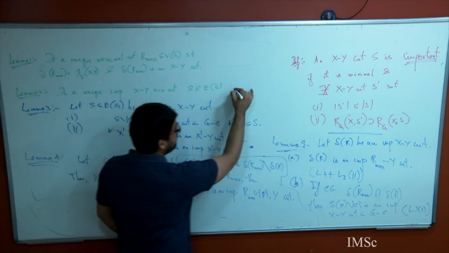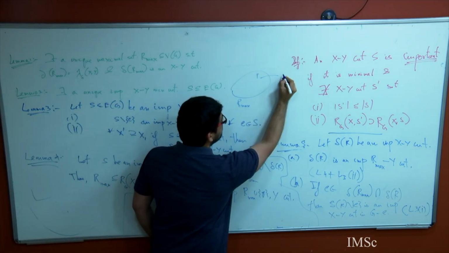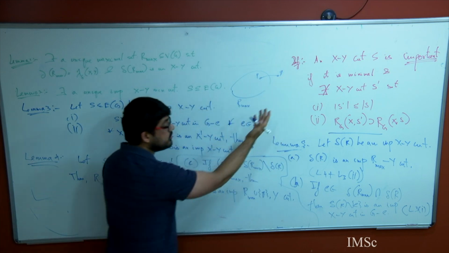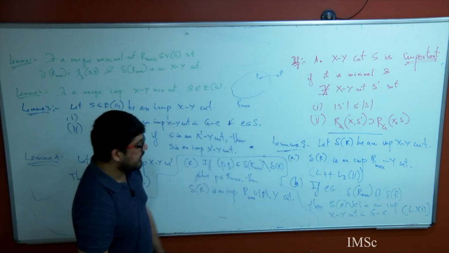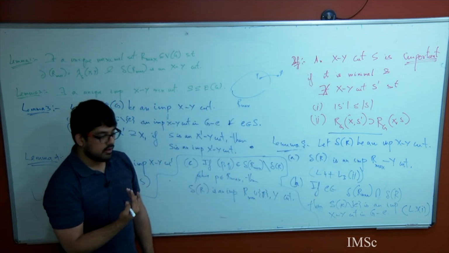So what am I saying here? Well, if I look at R max, and here is an edge PQ. Now I promise you that PQ is not in delta R. So it's not part of this important cut I'm talking about.